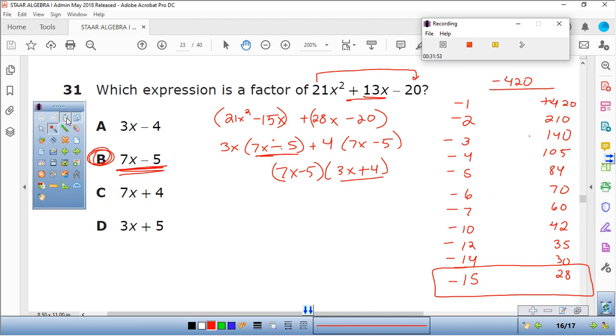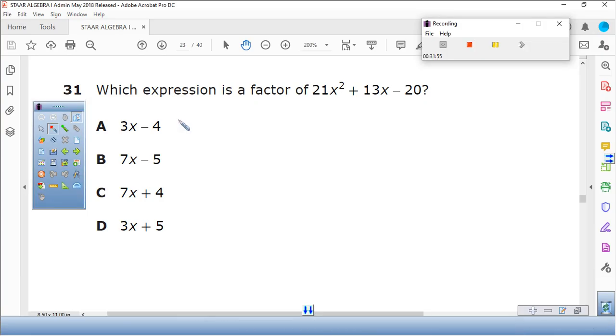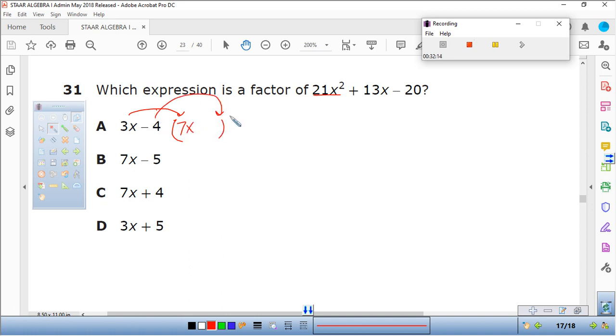Okay, so I'm not going to tell you this is the way to do it. But remember when I told you that when you do the FOIL method, the first one stays with you and the last one stays with you? Use that to your advantage. So to get the first term, this one times this one would be 7x. To get the last term, negative 4 times what? Positive 5? Now you have to do everything. This one times this one gives me 21x squared.